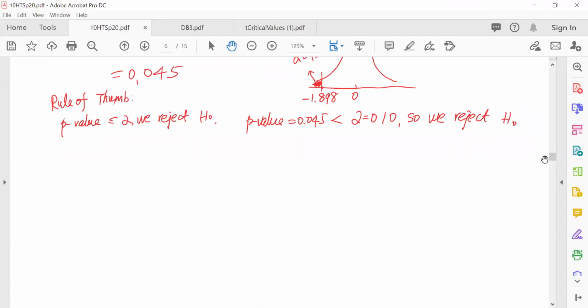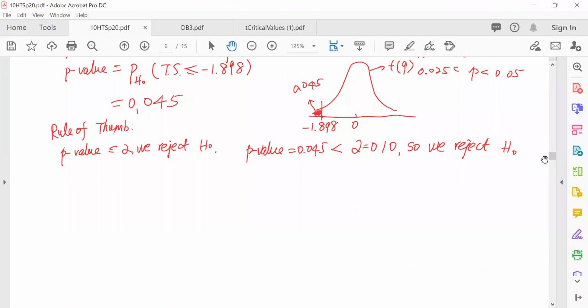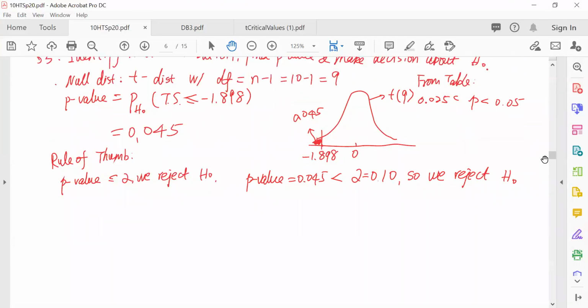The last step is to make a conclusion in the context of the question. So make a conclusion in the context of HA.